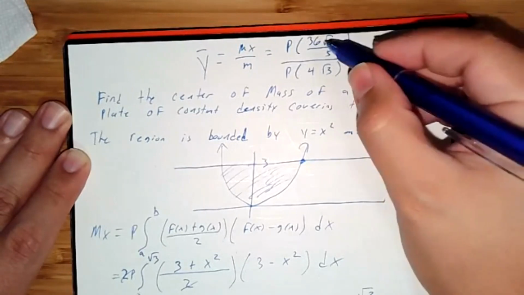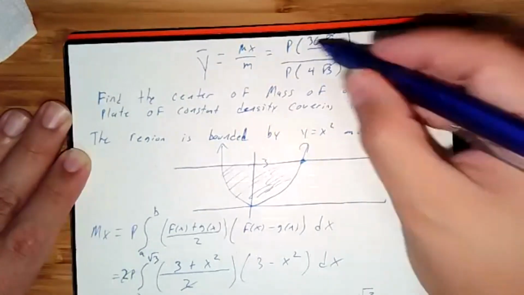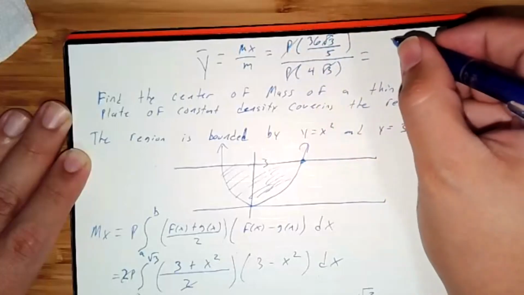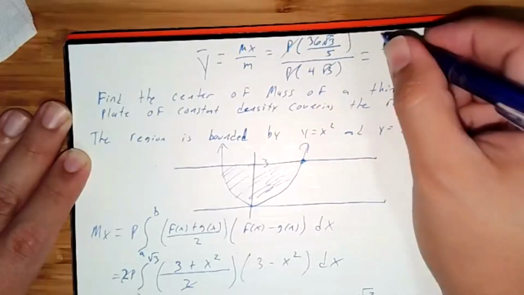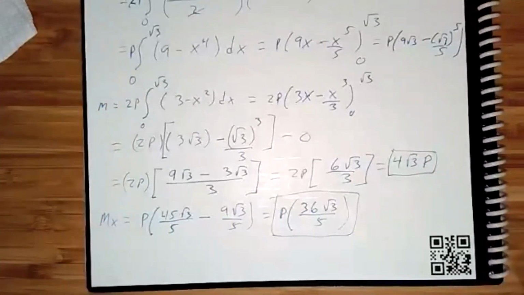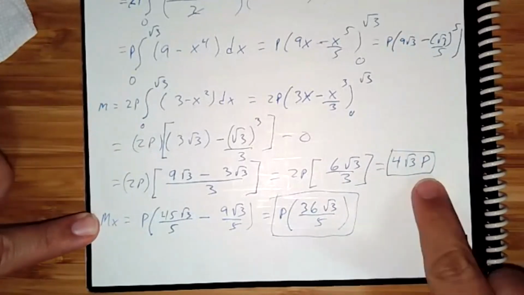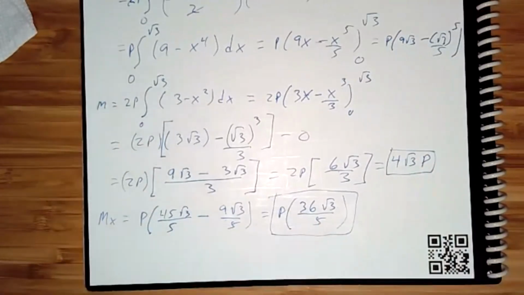So the roots will cancel. 36 divided by 4 is 9. The rhos are gone. So we get 9/5, using this information here. You divide the M and the MX.